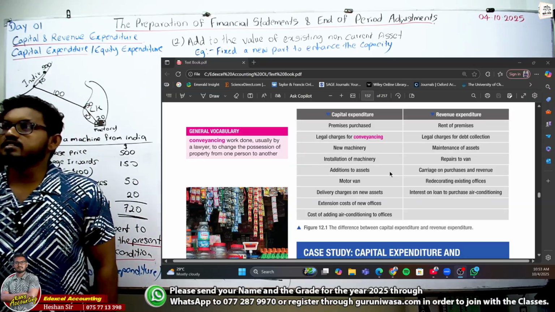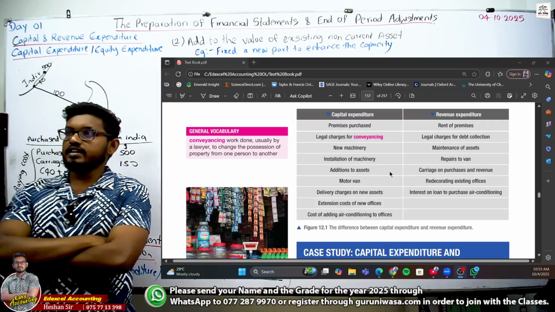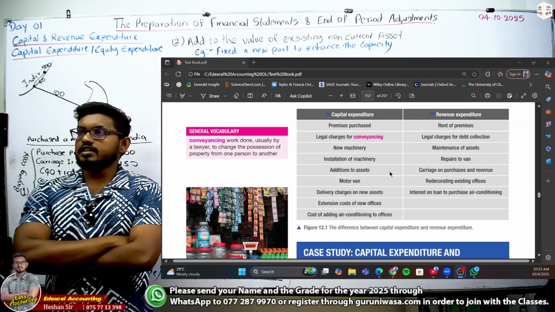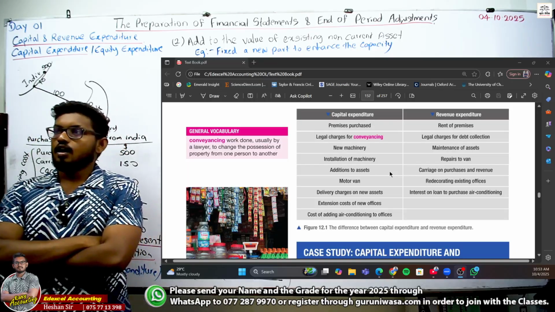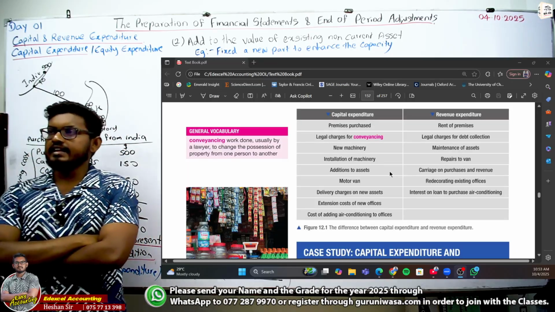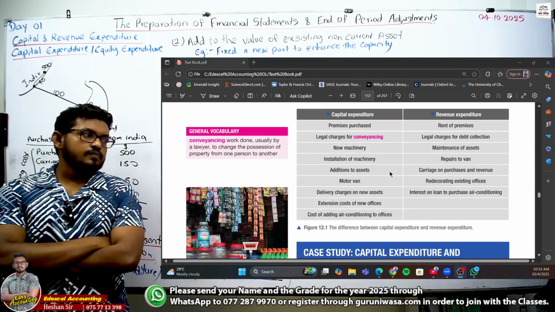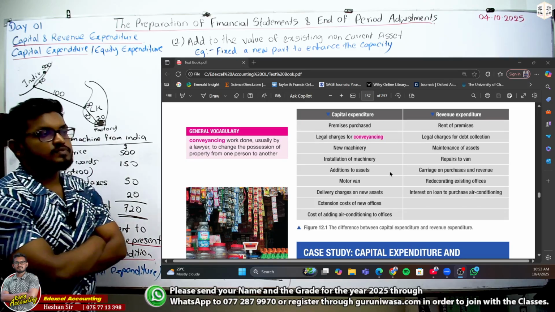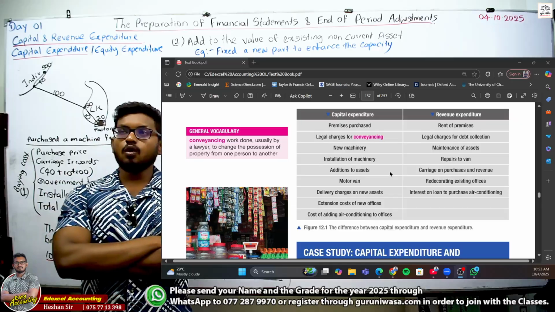New machine, installation cost, addition to assets, motor van, delivery charges on new assets, the cost of the new office, extension cost of the new offices, cost of adding air conditioning to the office. These are capital. These things bring the assets into the present location or usable condition, and these things will enhance the capacity and last long.